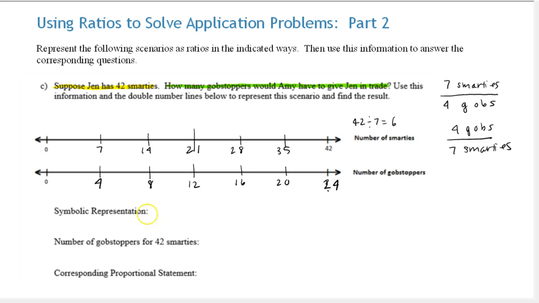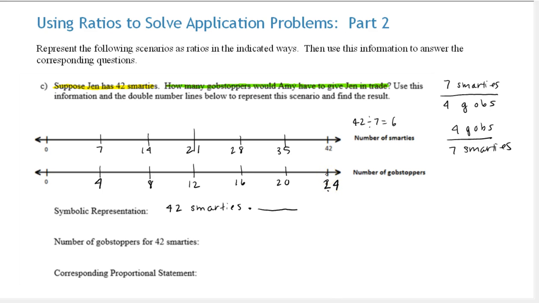Okay. Now let's represent this symbolically. So we'll start with the amount we were given, which is 42 Smarties, and again, use units whenever you can. It can only help. Now we're going to set up our ratio that we're going to multiply by. Notice what we did here, because it made sense to do this. We divided by 7, and we made these intervals, and then we multiplied by 4 to get the corresponding number of Gobstoppers.